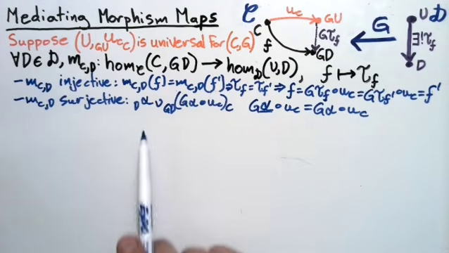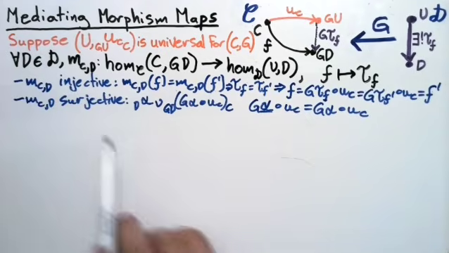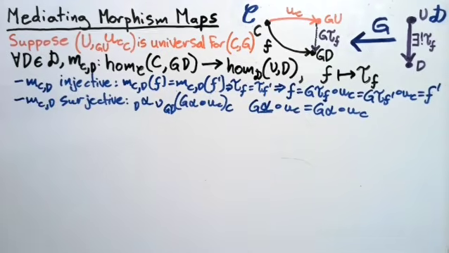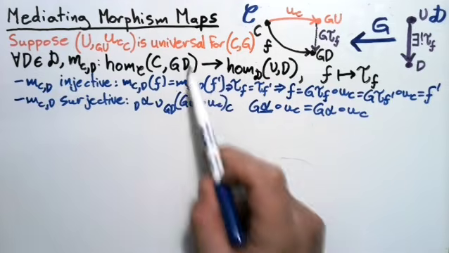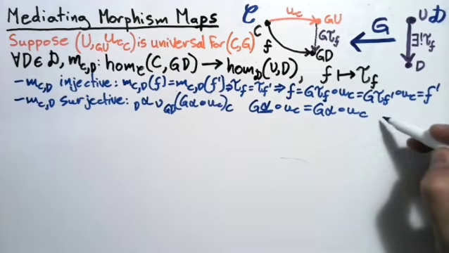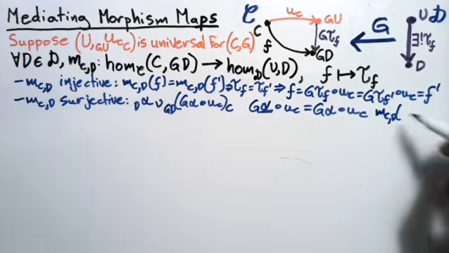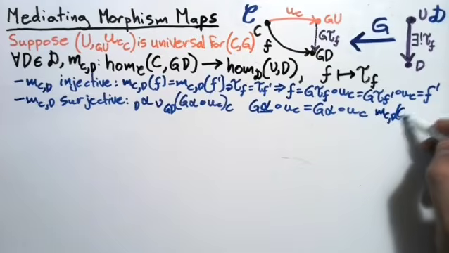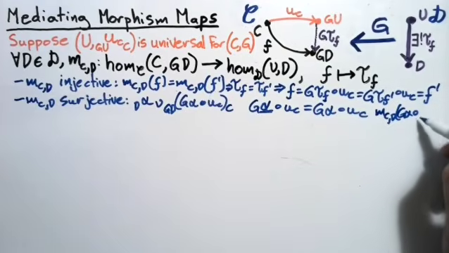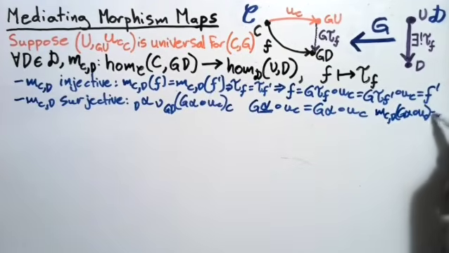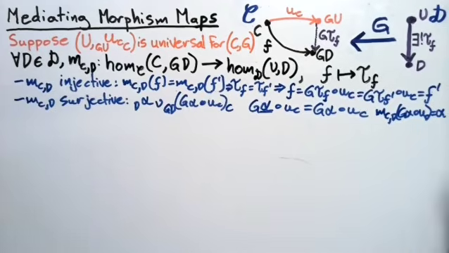So that means it is a unique mediating morphism, right? So there exists an element of the home set of CGD here that maps to it, right? We have MCD of this morphism, G alpha after UC, is alpha.